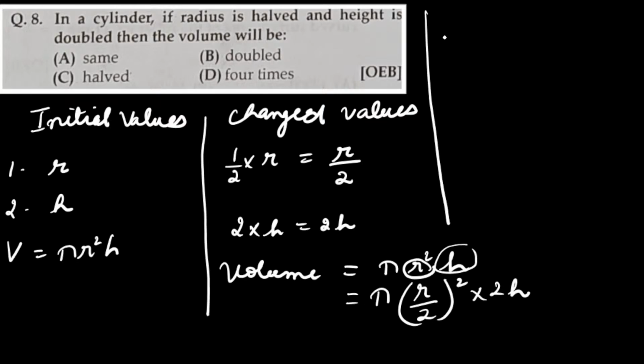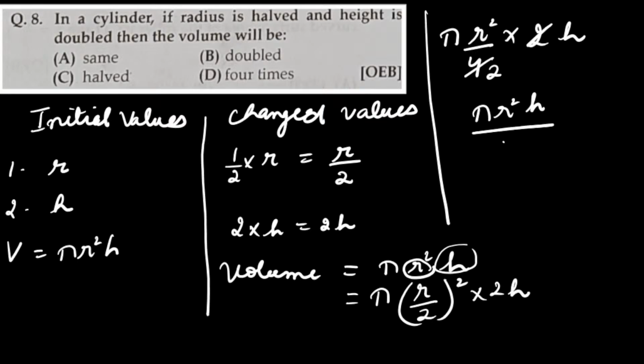If I simplify this, it will become pi, r square by 4, and 2h. The 4 and 2 will get cancelled, so it is pi r square h by 2.